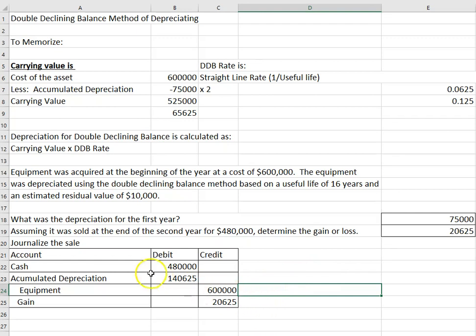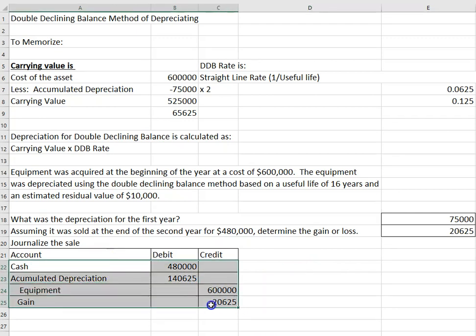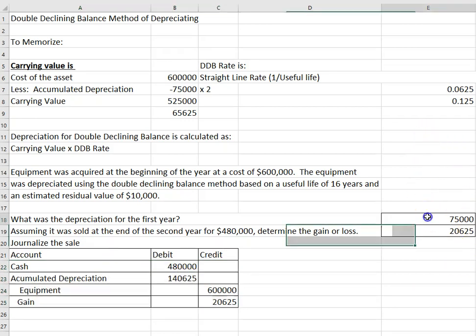All right, so if you're having any trouble with this journal entry right here, it may be that you need to make the journal entries for year 1 and 2 to understand what's going on. So when we depreciate under any method, we always depreciate with depreciation expense and accumulated depreciation.